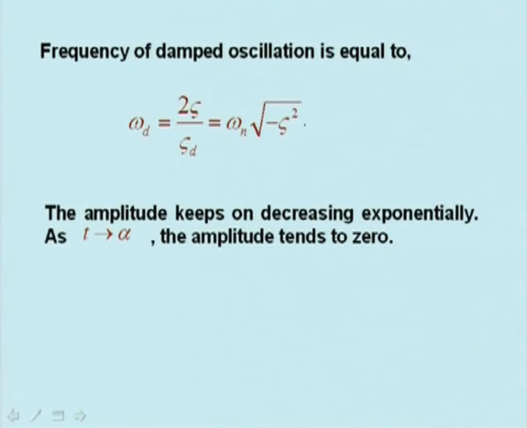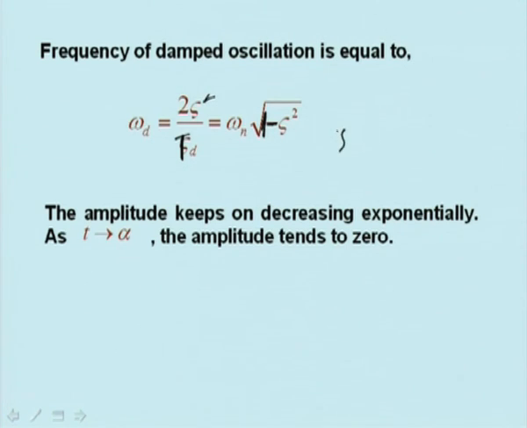Now the frequency of damped oscillation is omega d, equal to 2 pi divided by Td, where Td is the damped period, and that is omega n root of 1 minus zeta square. Not tau, this is basically zeta.